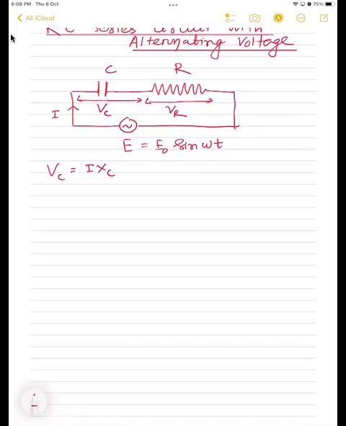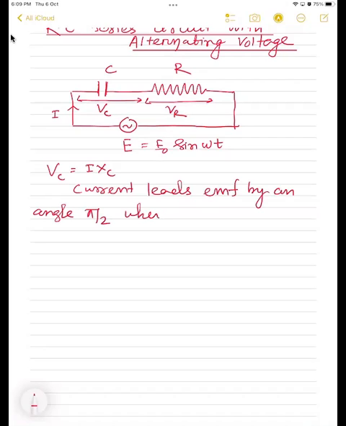And in a capacitor, what happens? Current leads the EMF by an angle pi by 2 when AC flows through a capacitor.